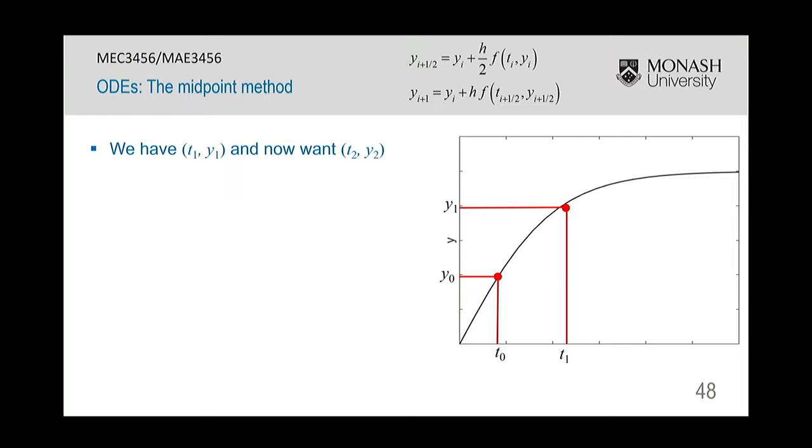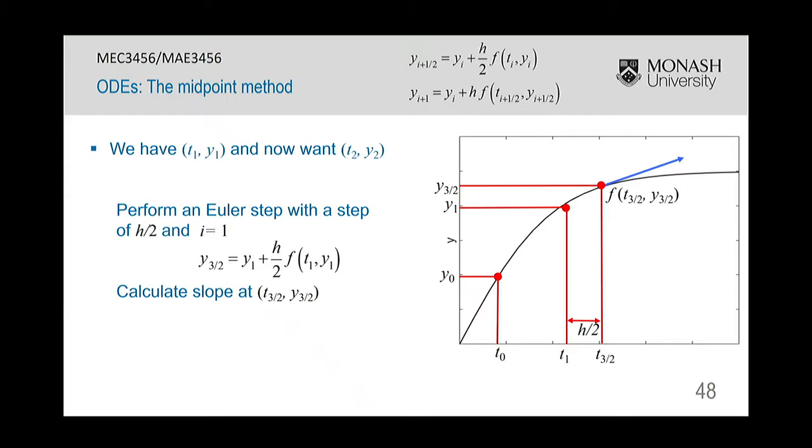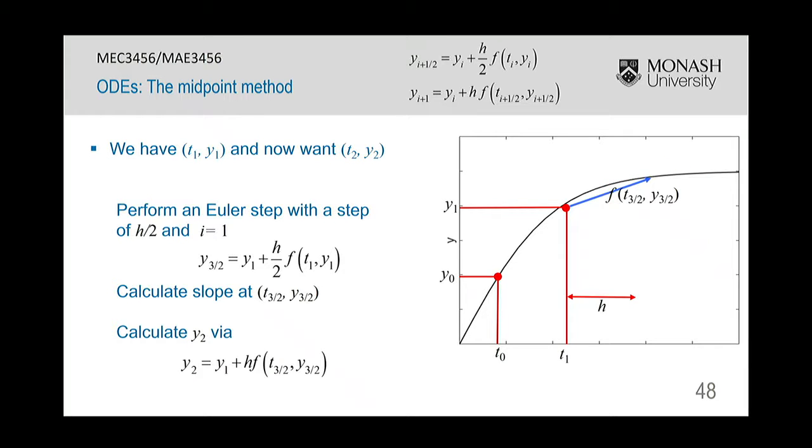We've got t_1, y_1. We want to calculate t_2, y_2. We perform an Euler step with a step size of h on 2 and i equal to 1. It gives us y_3 halves. That's the midpoint of the next interval. We calculate the slope at this midpoint. It's only an estimate, but it's a reasonable estimate. And then we use that slope to calculate a full step using the corrector formula down here.